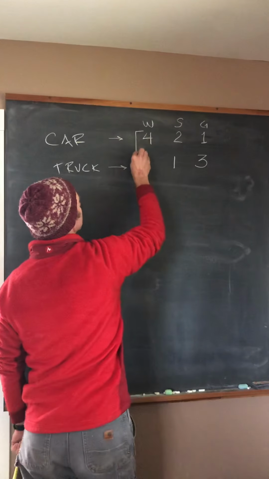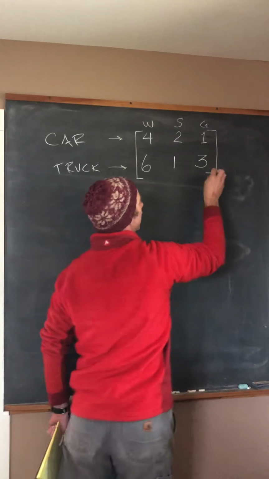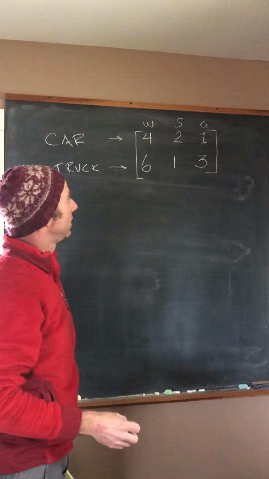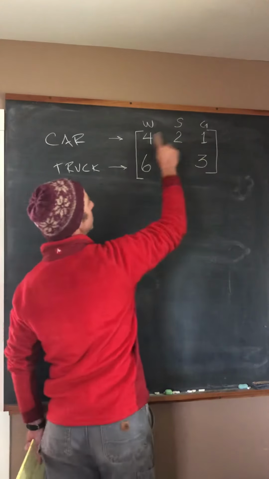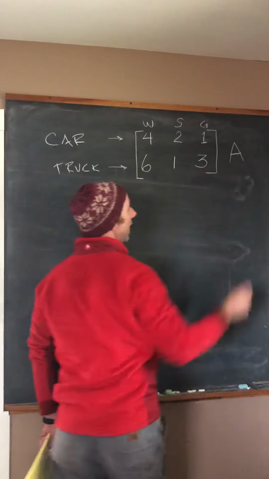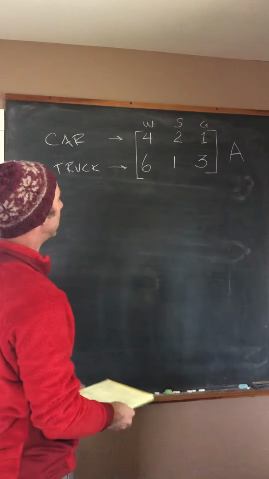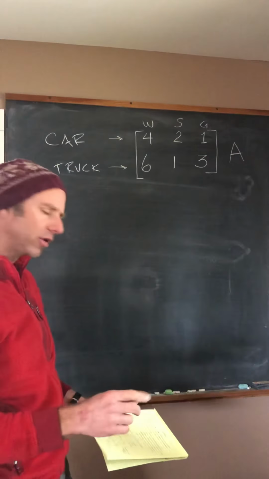We're gonna make this into a matrix. So we put these brackets around it. Okay? And the notation here is we're going to call this matrix A. It's an uppercase letter A. Okay? Couple notation things.